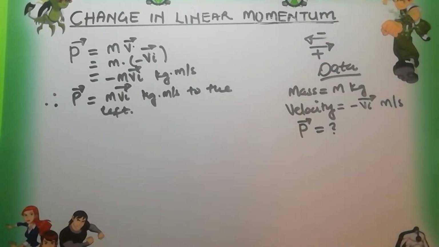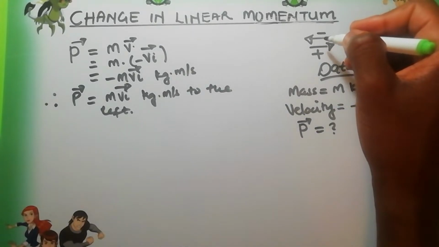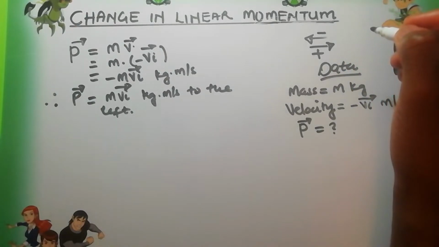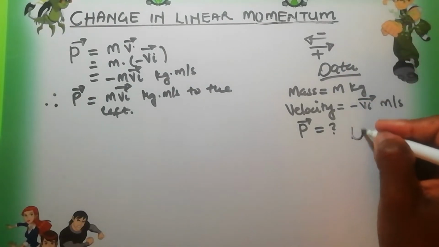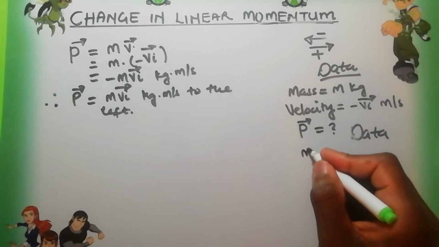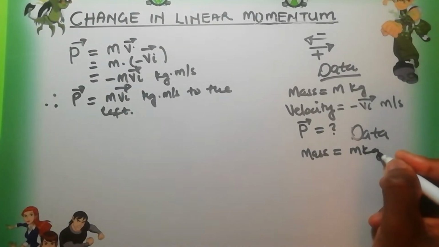Firstly, let's state our directions. So to the left, we are talking about negative direction, and to the right, positive direction. Secondly, let's list our data. So mass of the truck equals m kg.